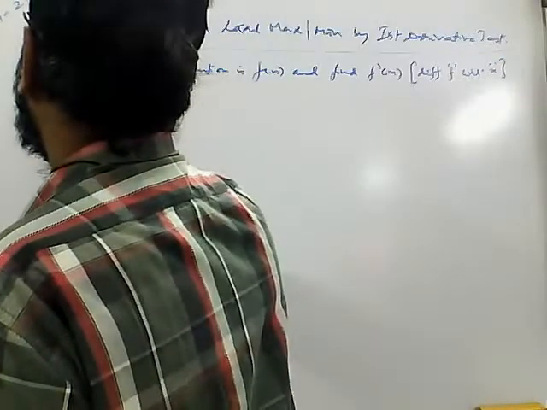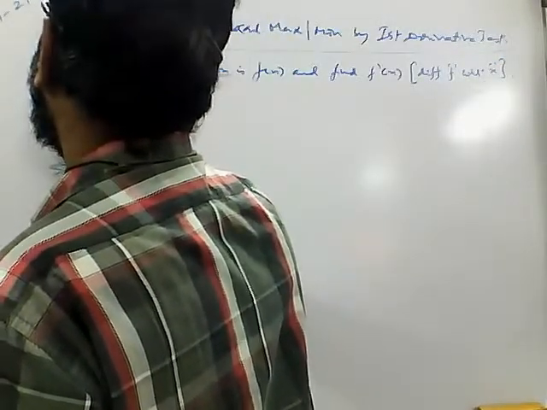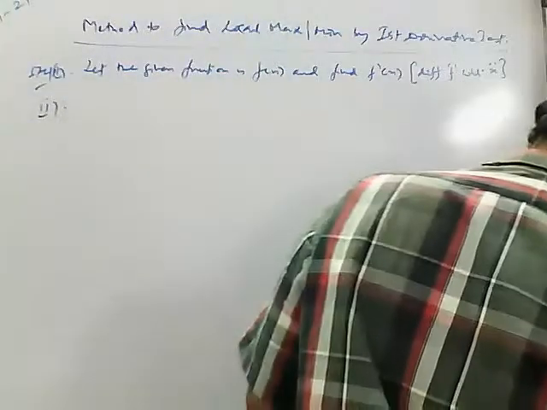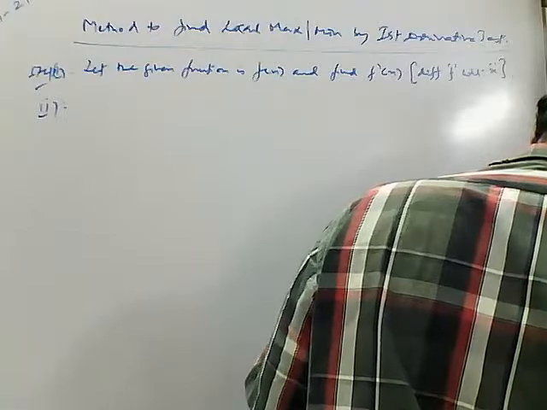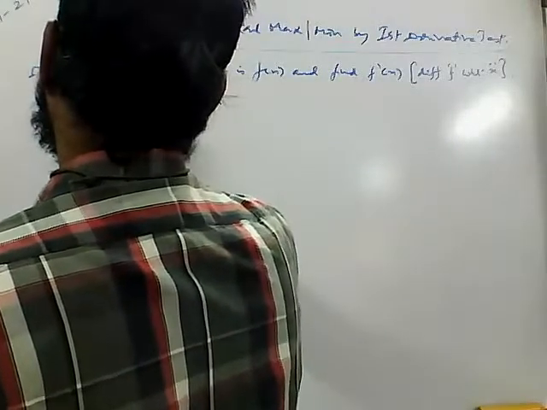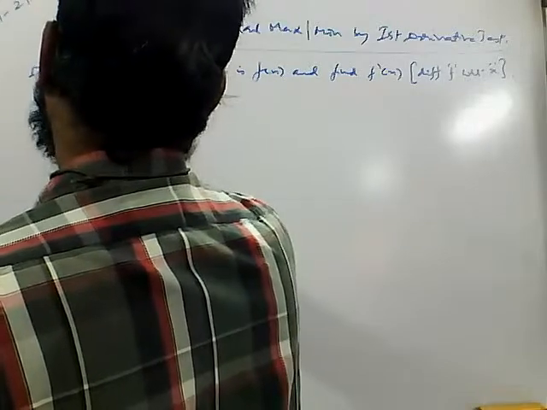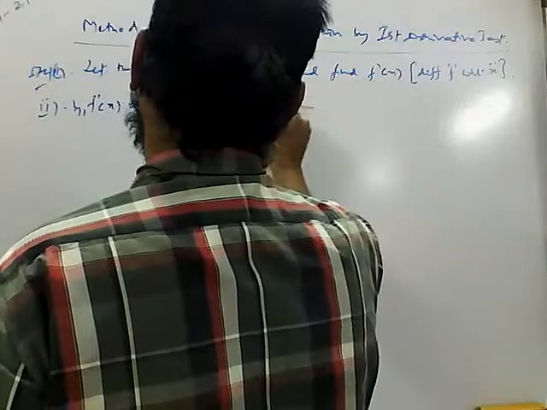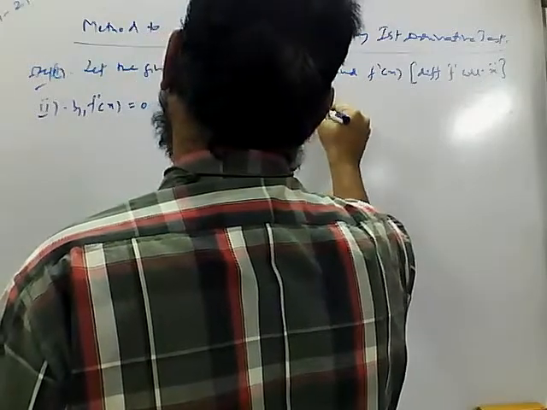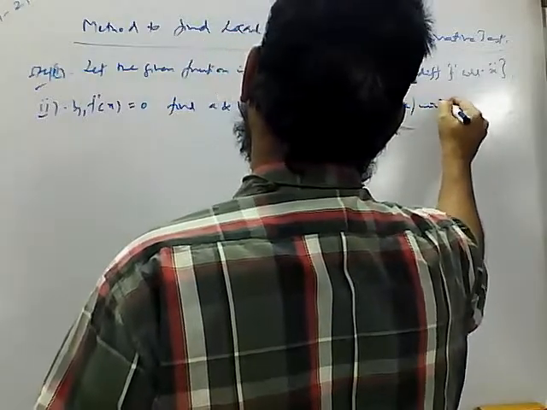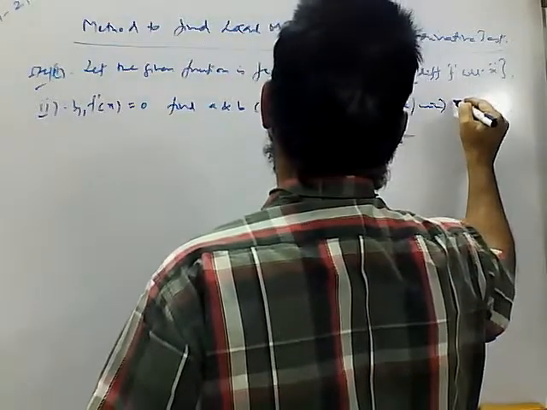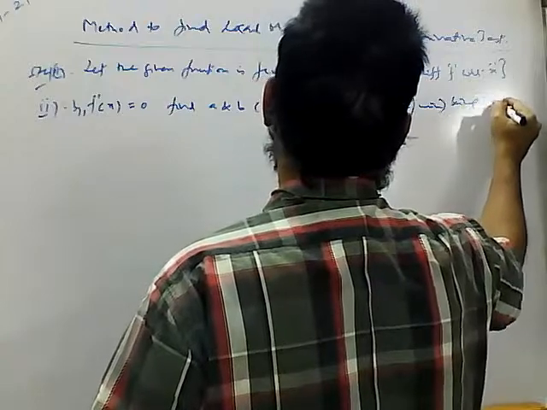Step two: set f dash x equal to 0 and find a and b as points of local maxima or local minima, being critical points.